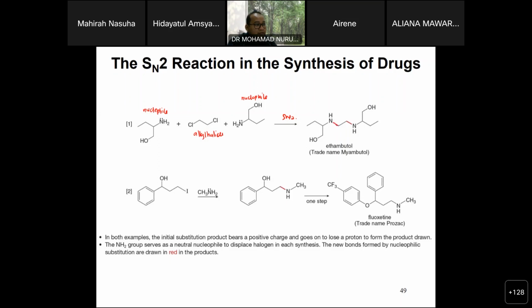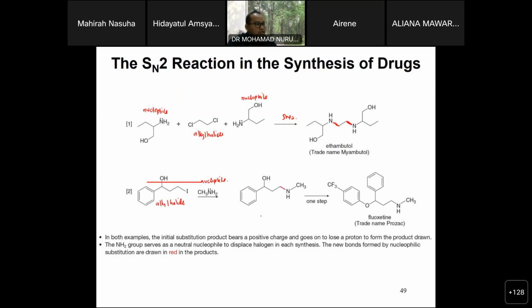The red color. The next example will be Prozac, another commercial drug. So this one is the alkyl halide, and this one is a nucleophile.